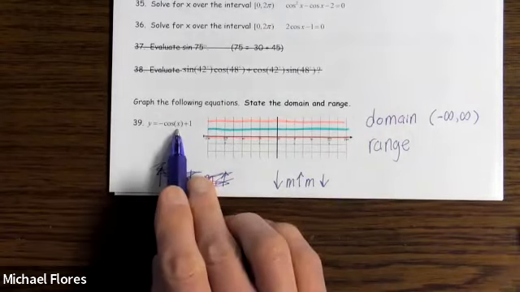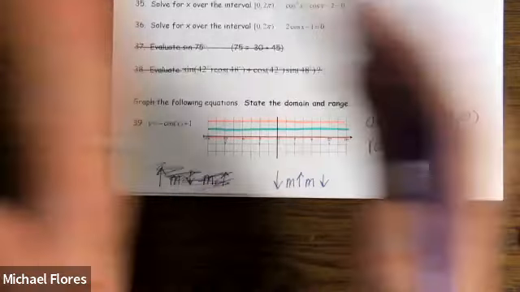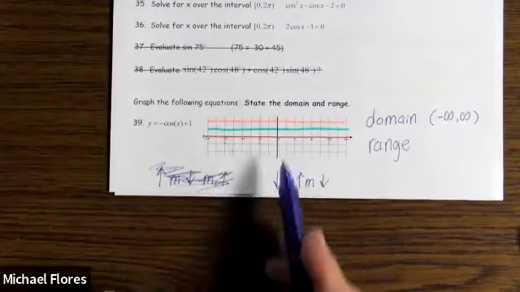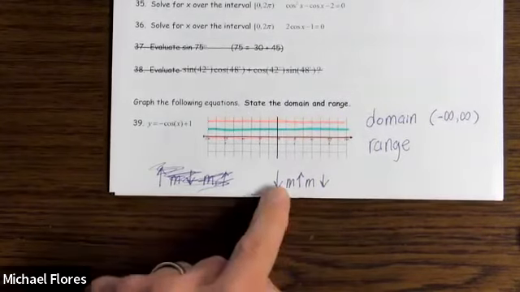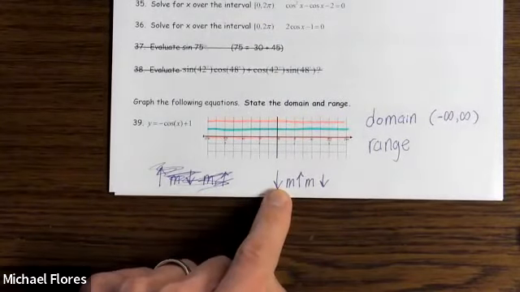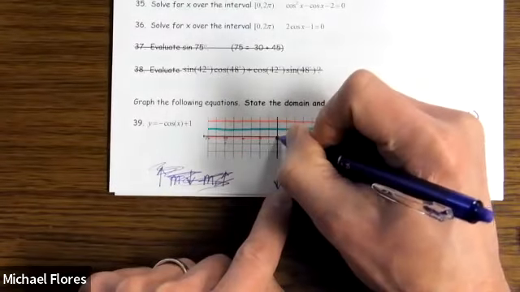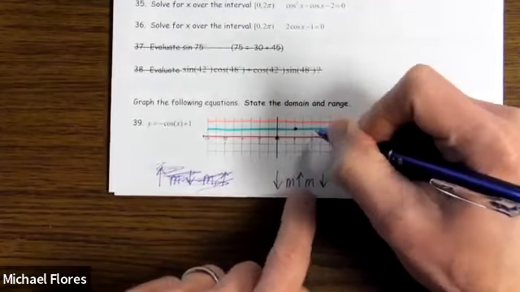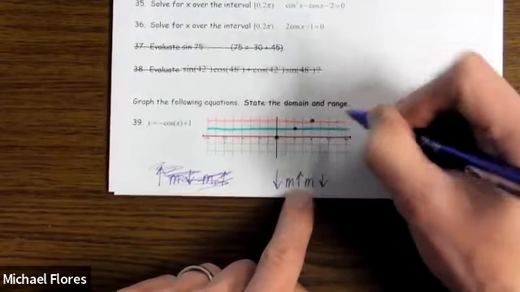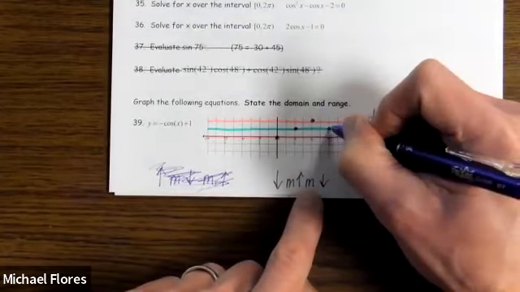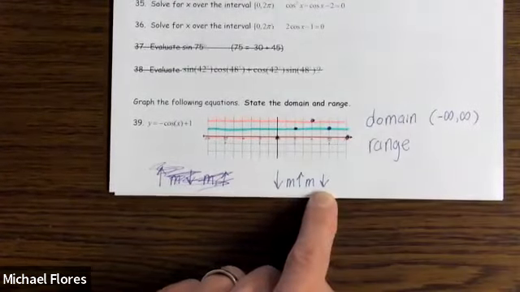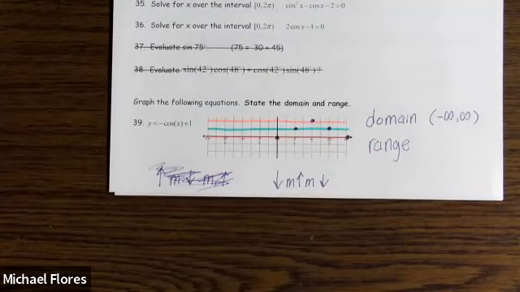Now, inside the parentheses, we do not have any phase shift left or right. So what that means is our graph is going to start on the y-axis somewhere. We just now look for the pattern to tell us exactly where. It's going to start at the bottom bumper first. Then 2 boxes over, it's going to be at the midline. 2 boxes over, top bumper. 2 boxes over, midline. 1 box over, bottom bumper, and we have now completed a full cosine cycle.